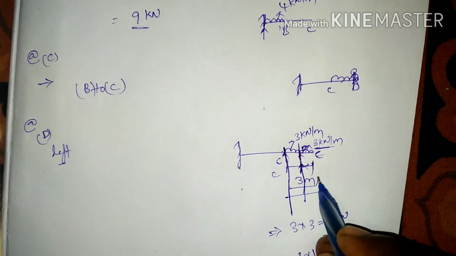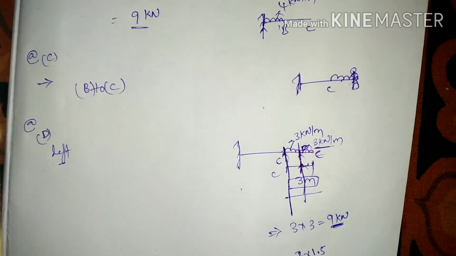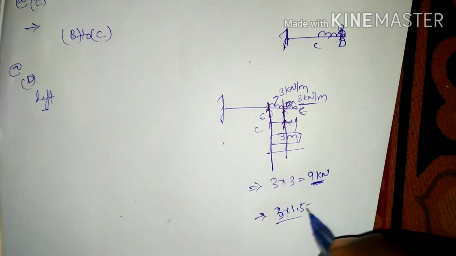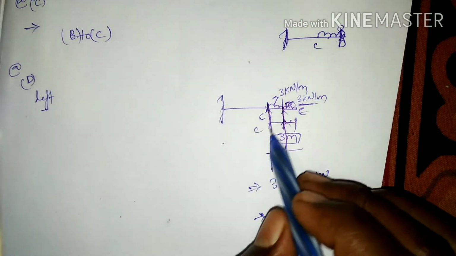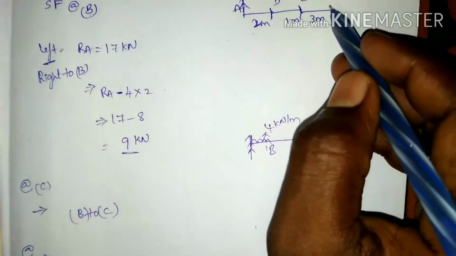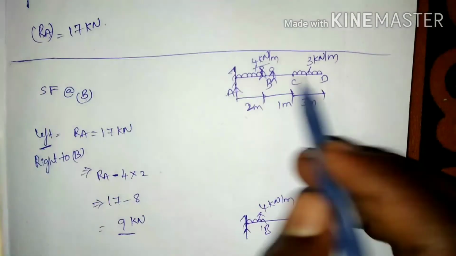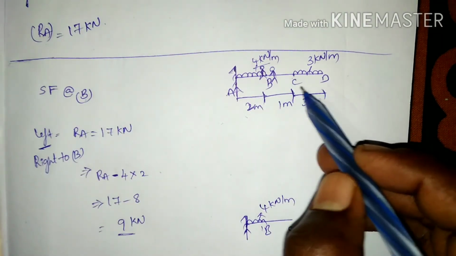The distance is 3 meters, so half of the 3 meters, that is 1.5, that is going to be 4.5 kilonewtons. From C to D, the shear force is going to decrease gradually to 0.